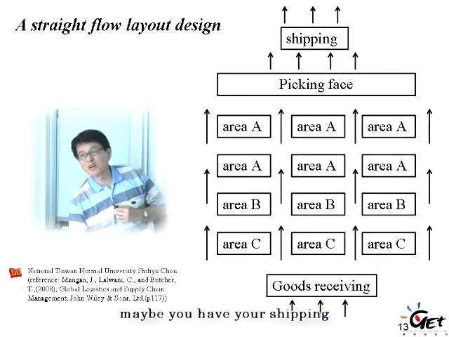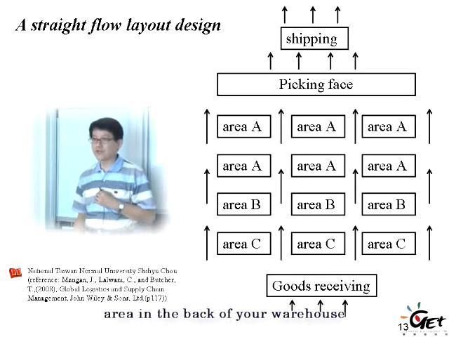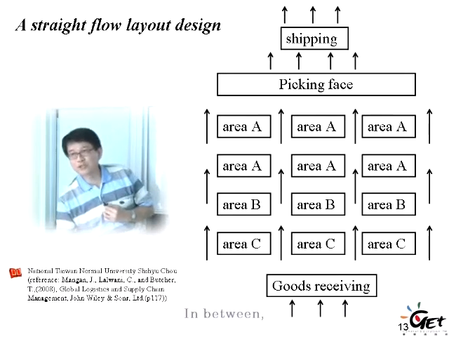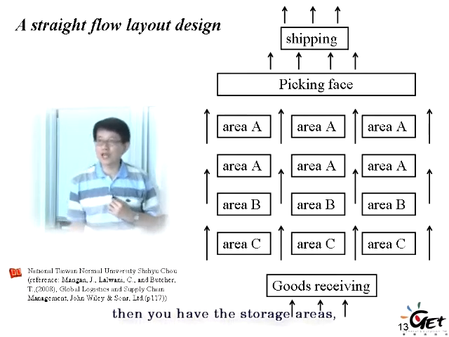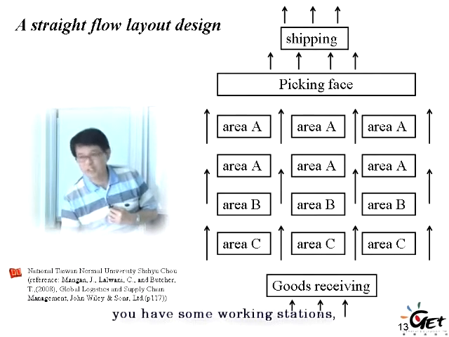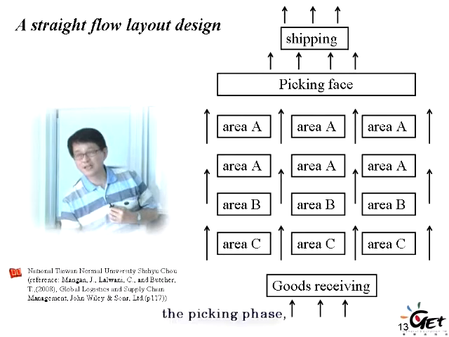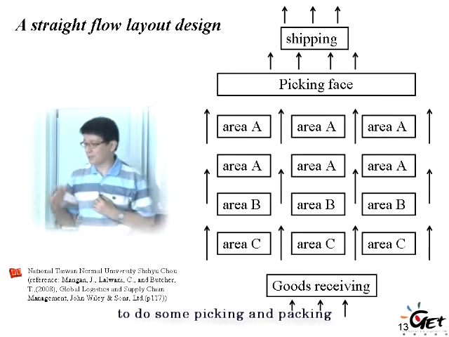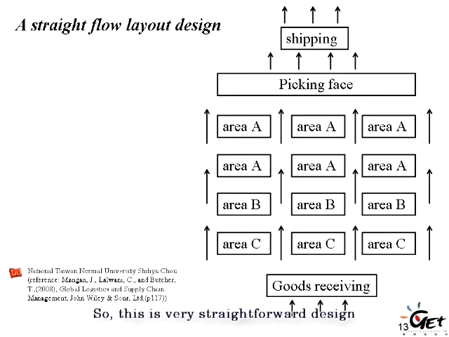Maybe you have your shipping area in the back of your warehouse. In between, you have the storage areas, and some working stations, the picking phase, to do some picking and packing, right? So this is a very straightforward design.